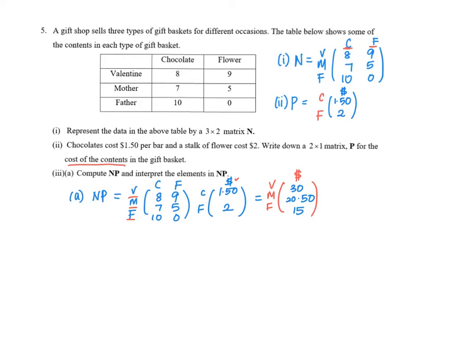So now let us interpret the elements in NP. So this matrix tells us that it represents the total cost. In this case, it's in dollars, I think. Okay, for each of the baskets.